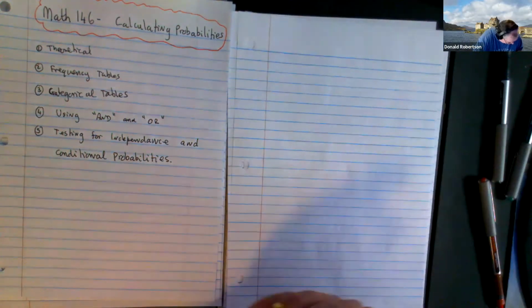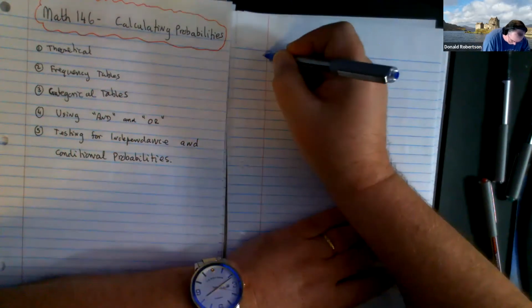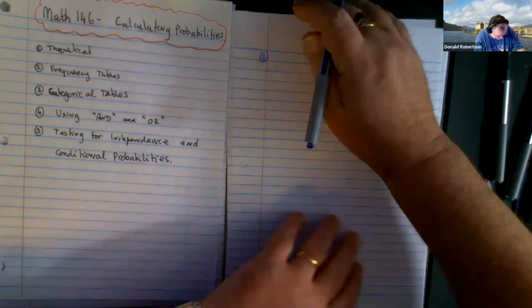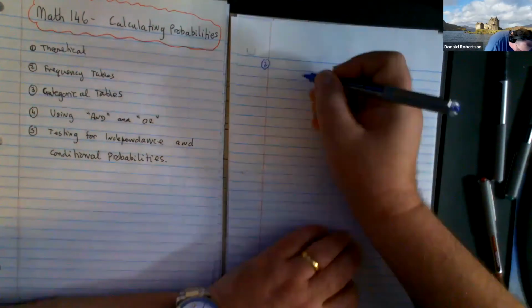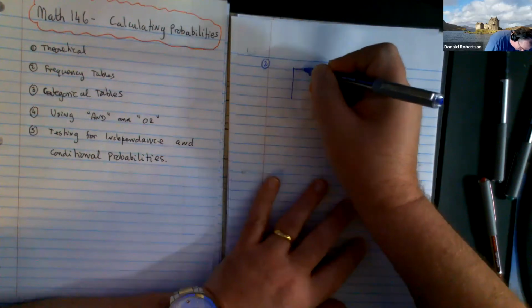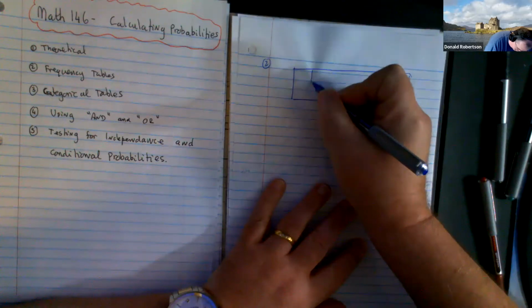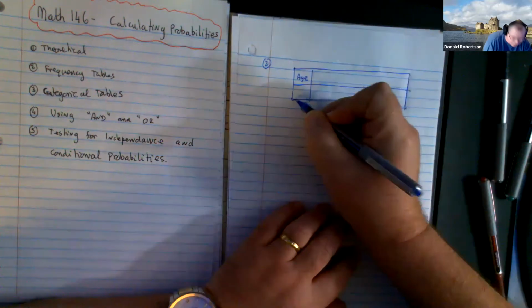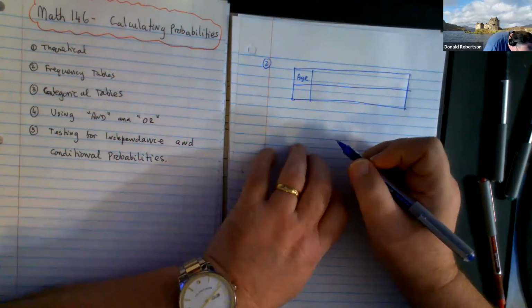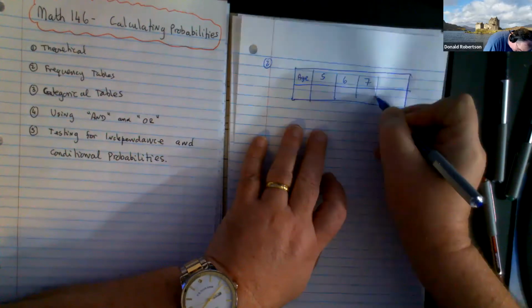Now, how about frequency tables? So these normally come from data. So let's suppose we collected data from some kids, and this is their age. And what should we ask them? Right, so they can be 5-year-olds, 6-year-olds, 7-year-olds, and 8-year-olds.